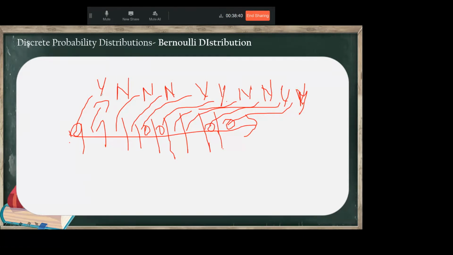So we divide the whole number of experiments into small portions, and every portion indicates whether the event happens or not, whether it's going to be head or not. All right, so you understand this diagram? This is a Bernoulli distribution.